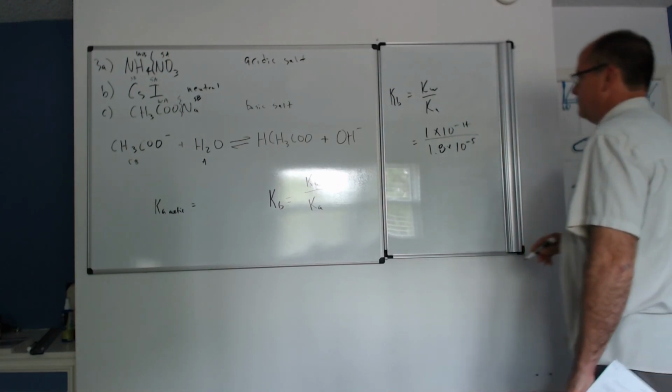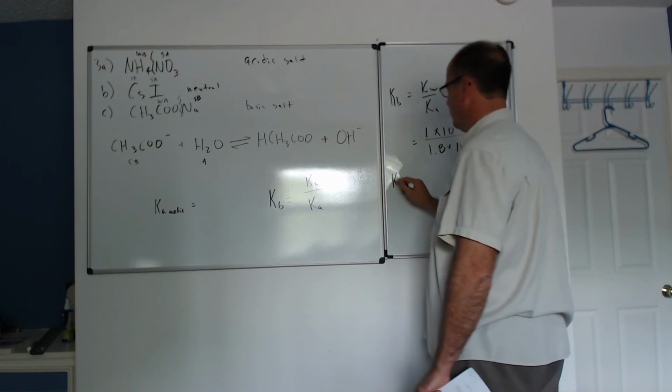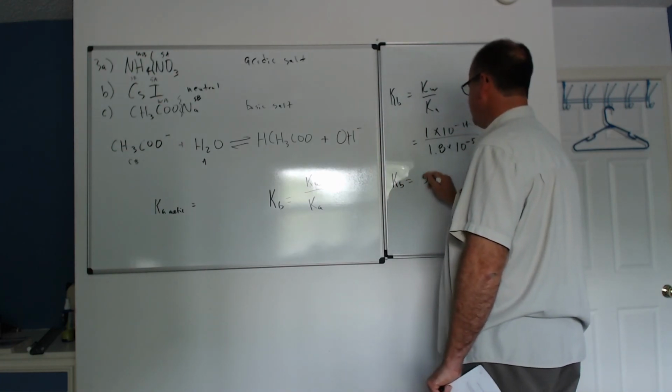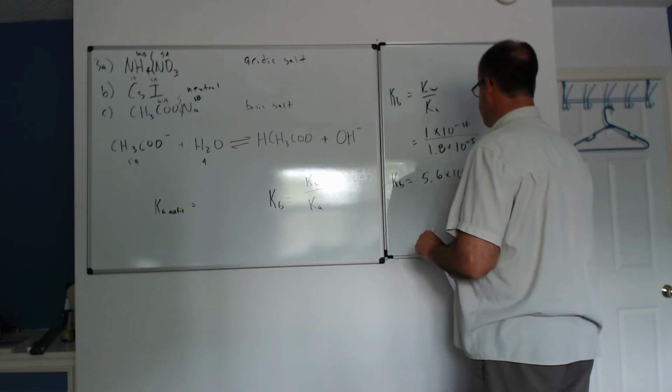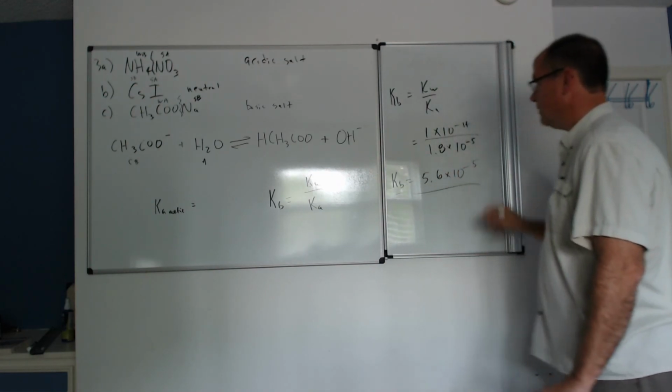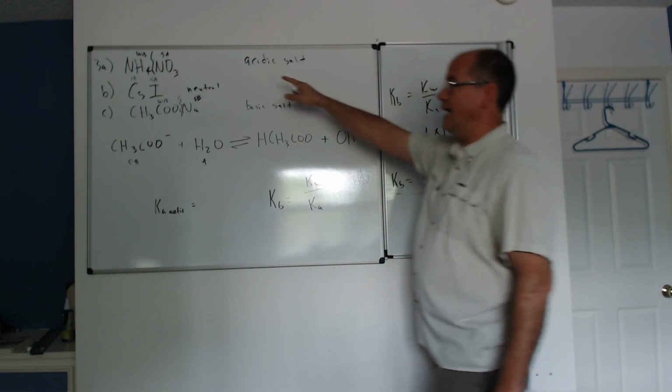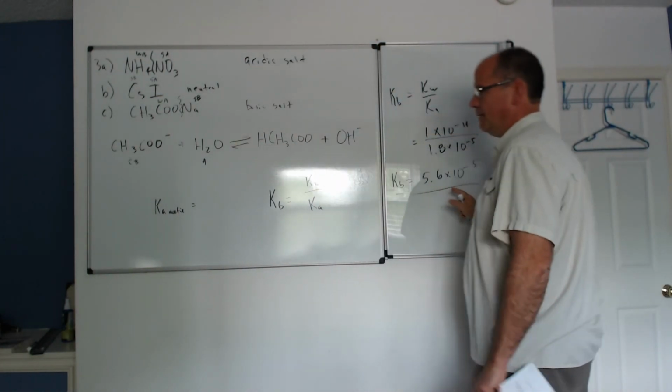Excuse me, I'm going to sneeze. So again, now our Kb is 5.6 times 10 to the negative 5. That's our Kb. Before, up here, it was our Ka, but now it's our Kb.